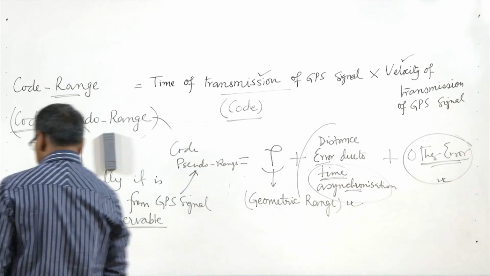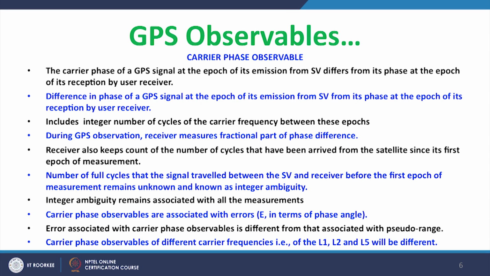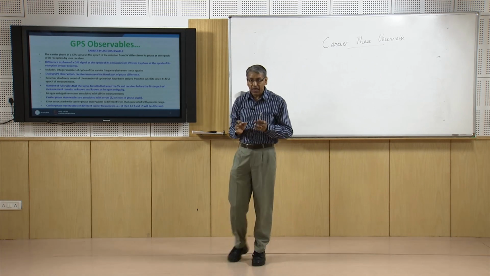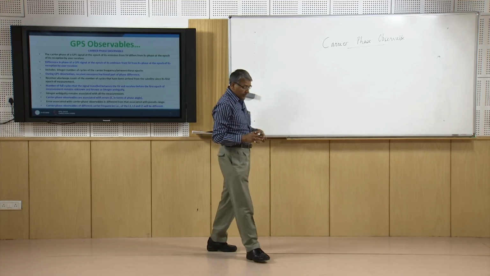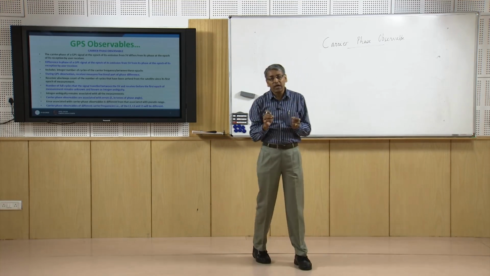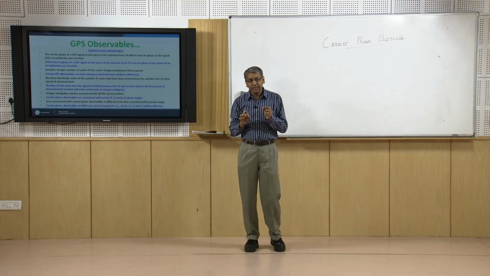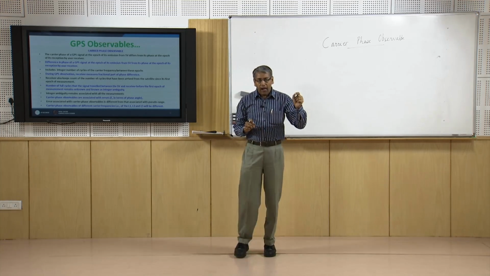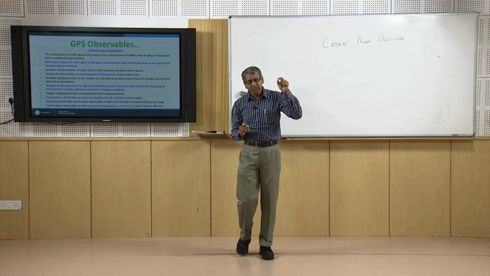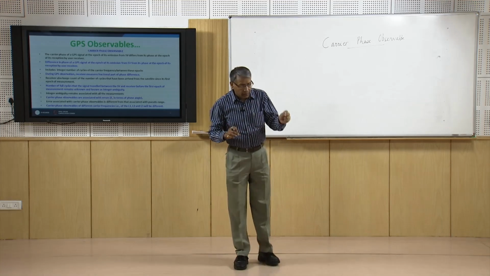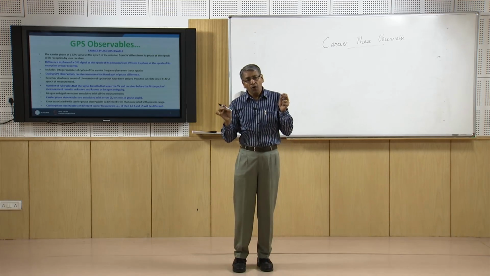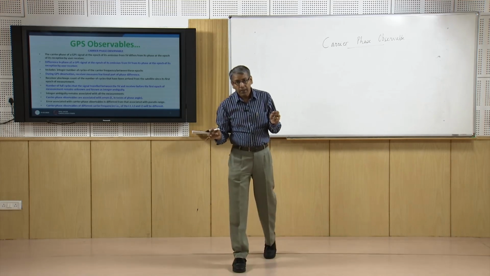This is the idea. The other type of observable is the carrier phase observable. Basically, the carrier phase observable is the difference in phase between the signal transmitted by the satellite at the instant of its transmission and the instant of its reception at the receiver.